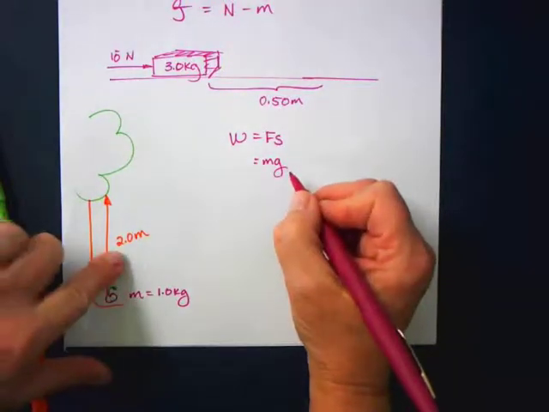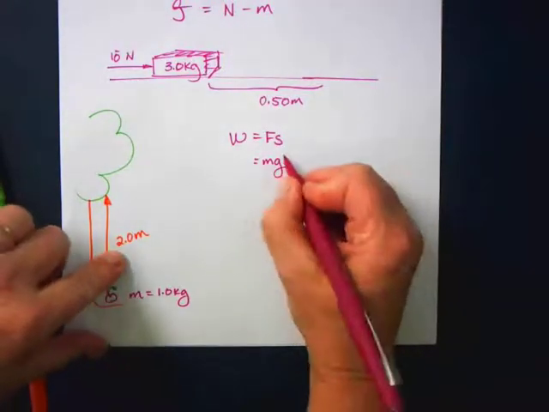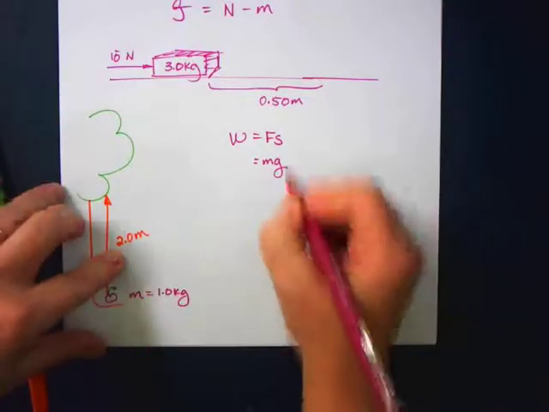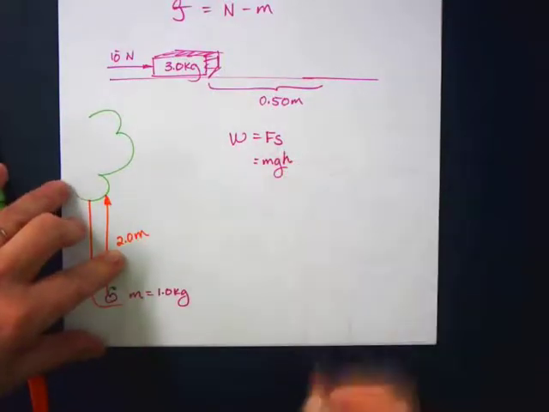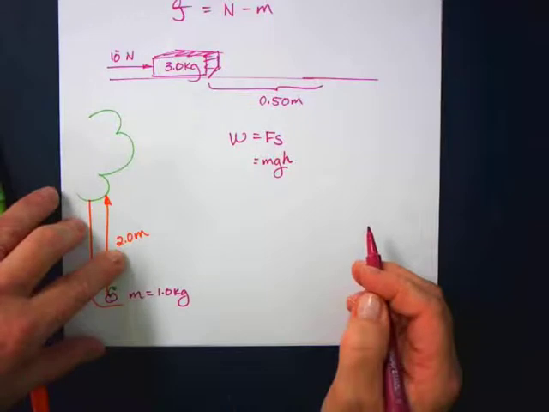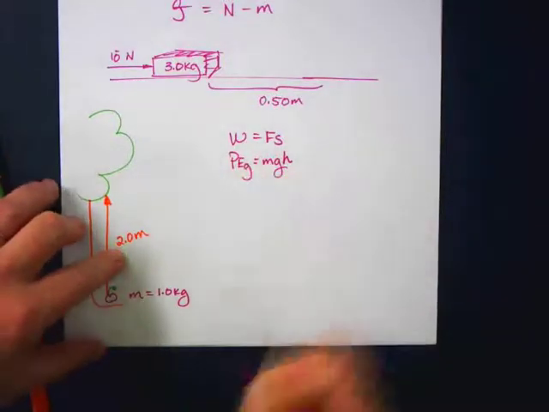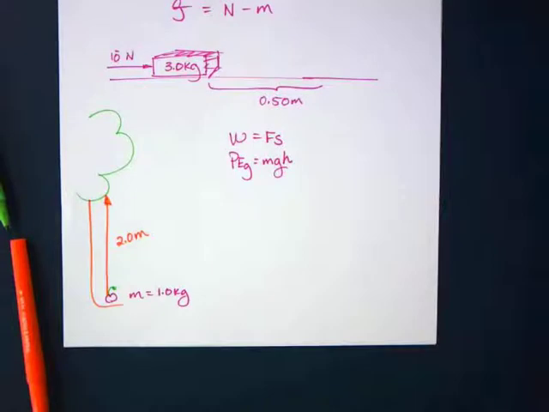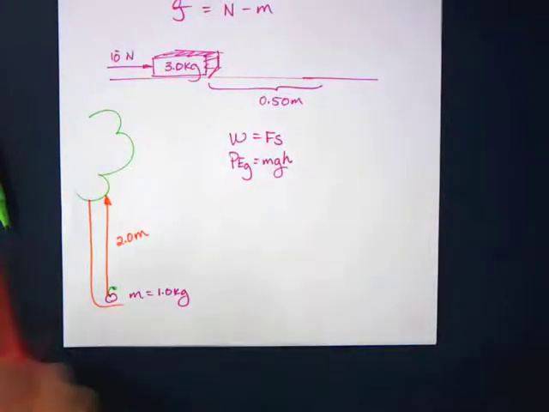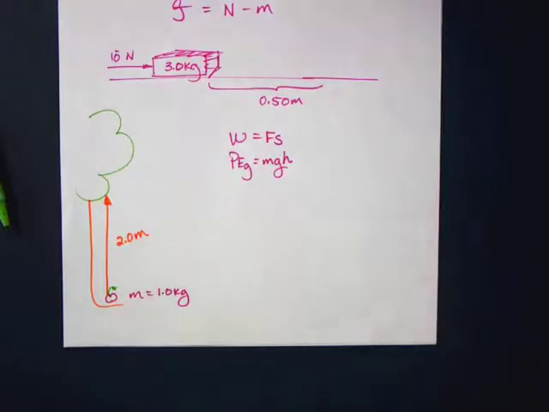So I'm going to substitute for force, mass times gravity, or, as Trey said, 9.8 newtons. And the distance here is 2 meters, so vertically, we're going to call it height. And so we just turned our basic work equation into a vertically oriented equation, gravitational potential energy. Just another way to say work.